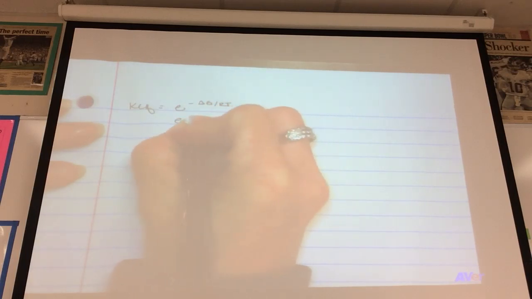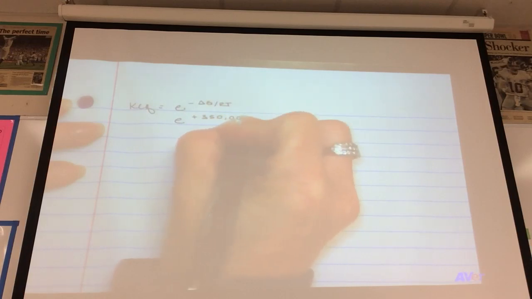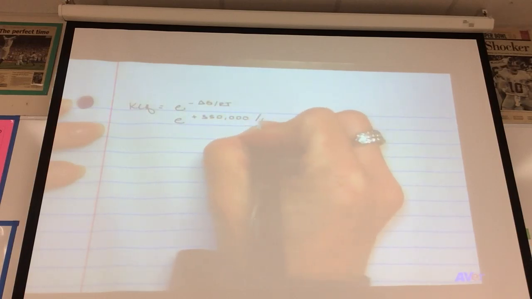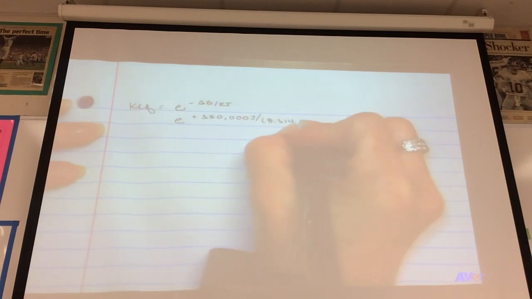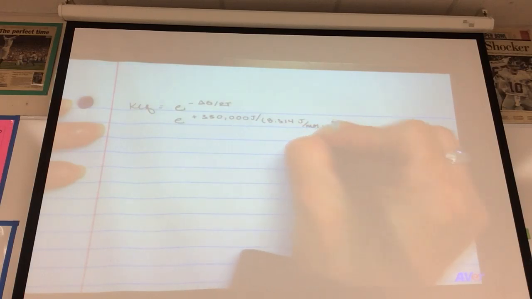So e to the positive 350,000 divided by 8.314 joules per mole Kelvin times the temperature, which is 298.